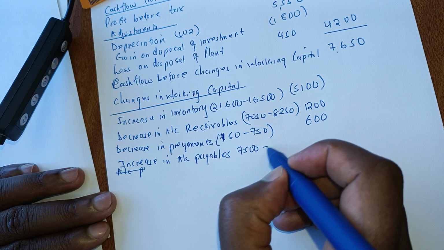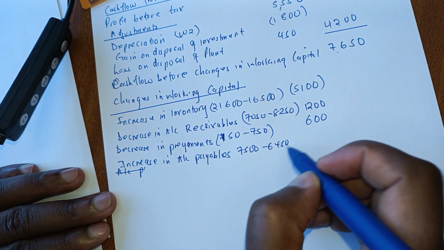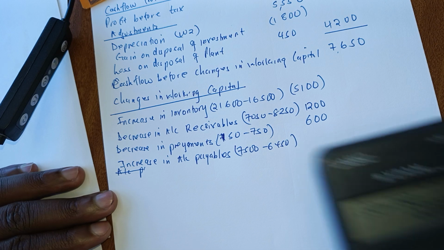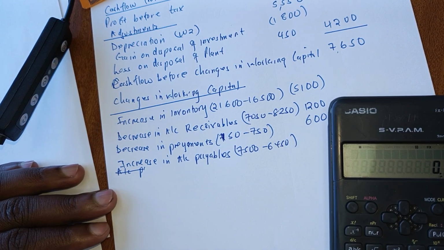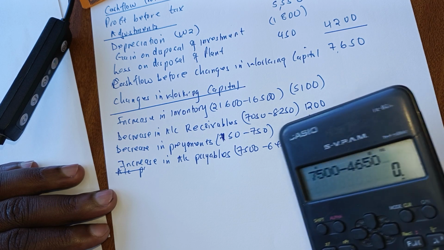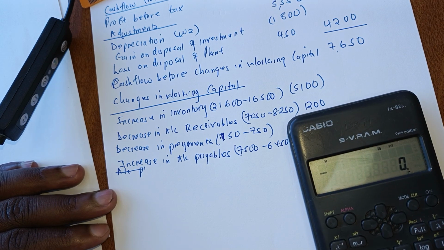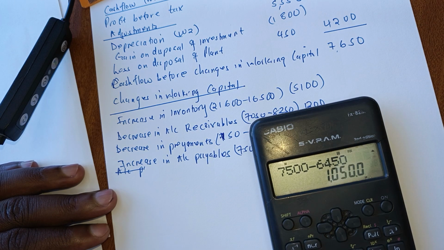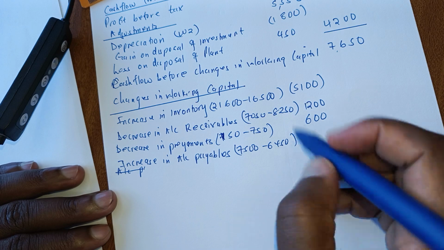So you're going to have a positive inflow of cash. So 7,500 minus 6450, you get 1050.